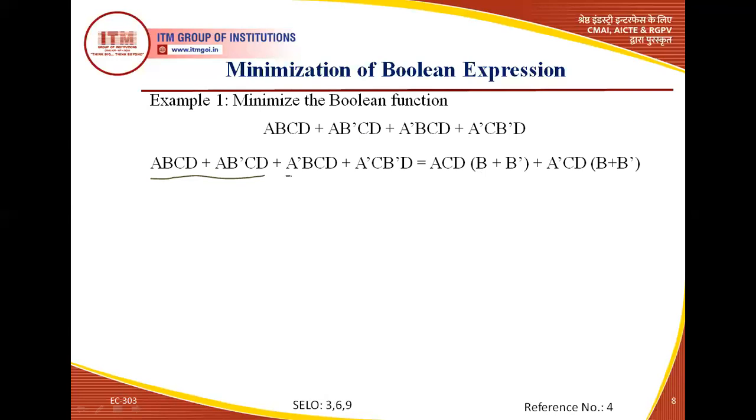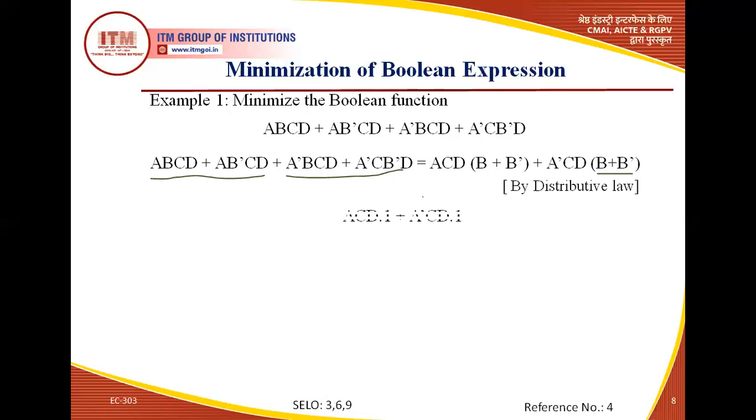And in the other two terms, we take A dash CD as common, so we get B plus B dash. So by using the distributive law, we take ACD common from the first two terms and A dash CD from the other two.